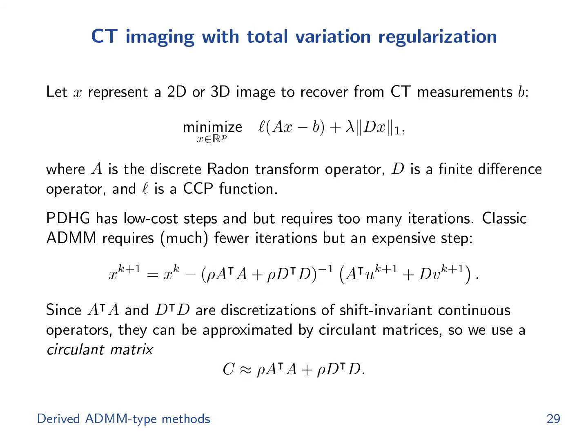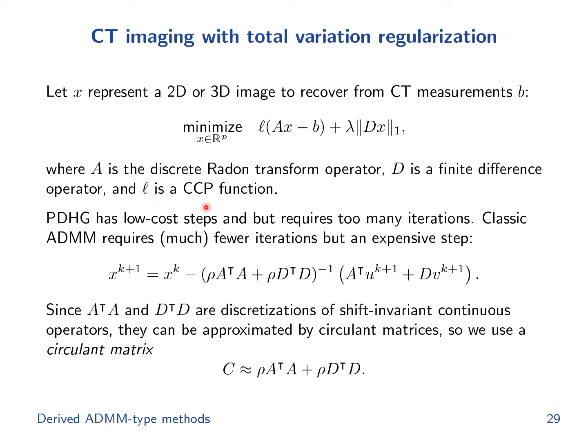Let's demonstrate the power of partial linearization using CT, or computerized tomography imaging, with total variation regularization. Let X represent a two-dimensional or three-dimensional image that we're going to recover from CT measurements B. The B may contain noise or artifacts. And we minimize the loss function.